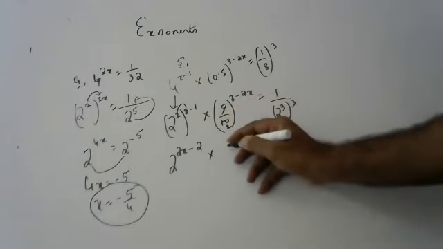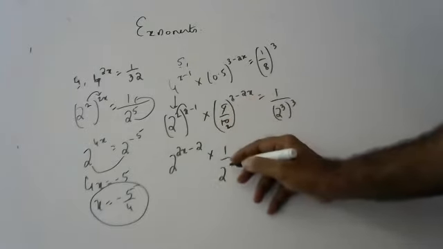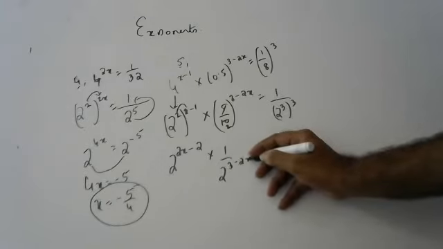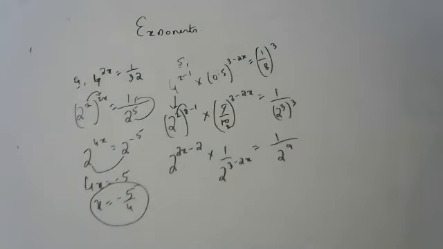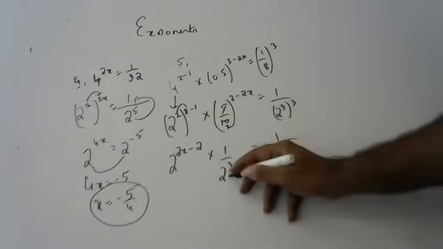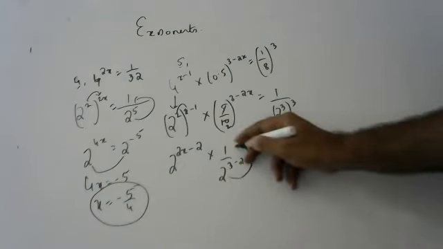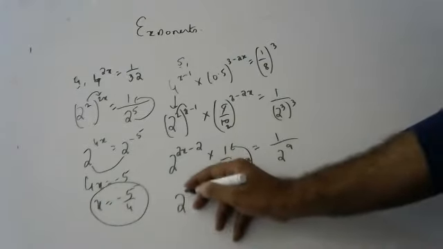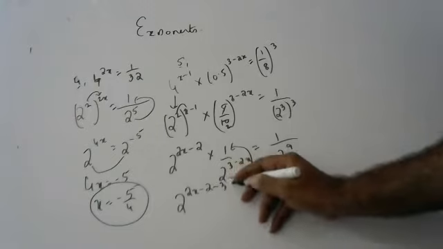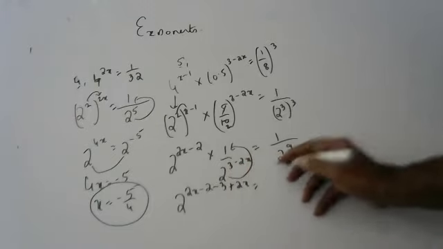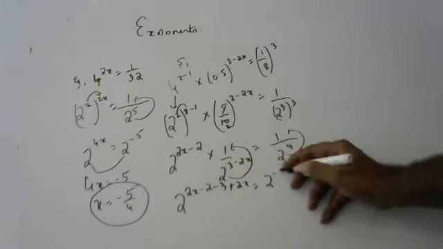Into 2 to the power of 1 by 2 to the power of 3 minus 2 into 2x. 2 whole power 9, sir. We can bring this up, sir. 2 to the power of 2x minus 2 into minus 3 plus 2x. This comes equal to 2 to the power of minus 9, sir.